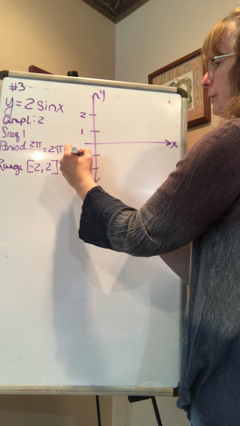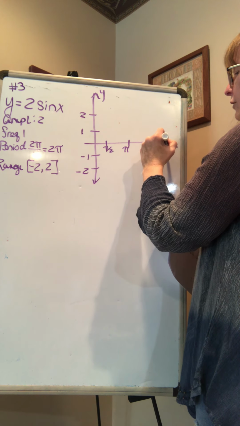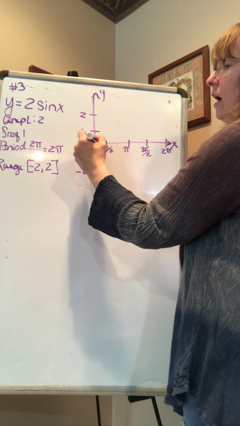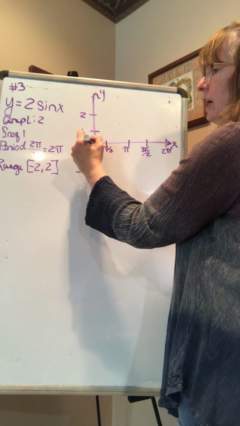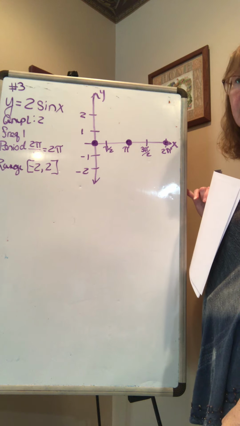90, 180, 270, 2 pi, 360. Sine on the unit circle starts at 0. It's at 0 on 180, and it's at 0 on 2 pi.